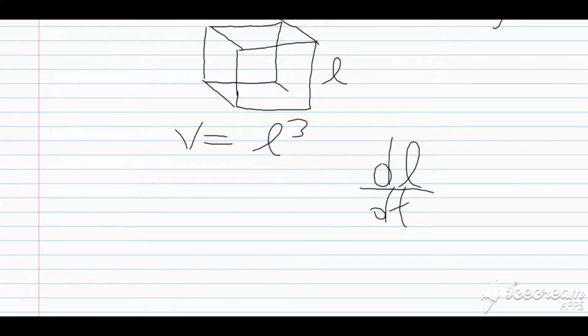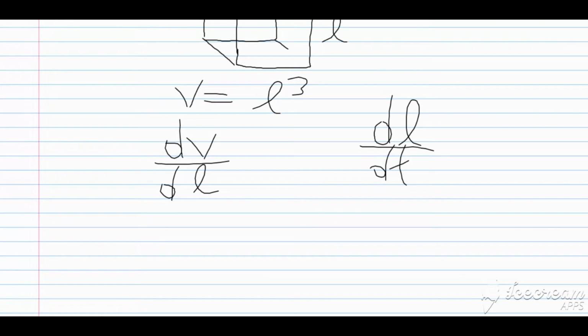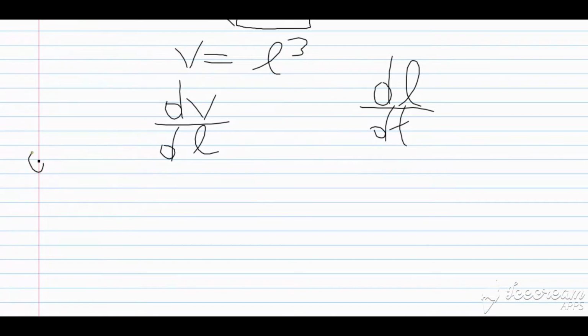Notice that we have V equals L cubed. So we can talk about that connection, which would be dV over dl. But if the length of the cube increases over a period of time, so will the volume of the cube. So now we're going to be talking about dV over dt.